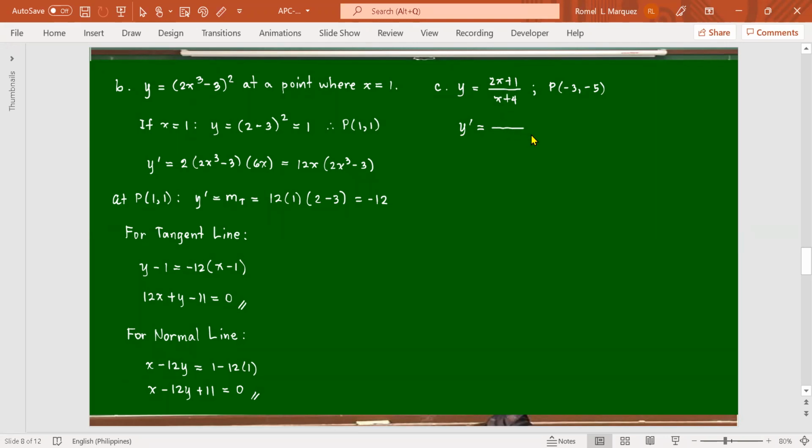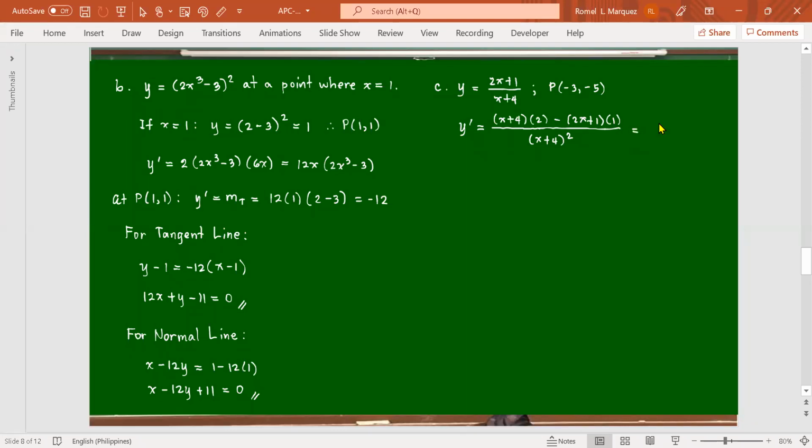2 times x plus 1 all over x plus 4. The denominator, derivative of the numerator, minus the numerator, derivative of the denominator, all over the square of the denominator. Get it, guys? So actually here is 1, but no need to write.